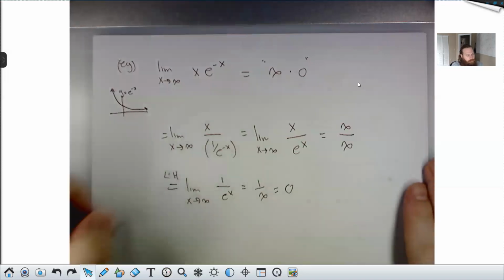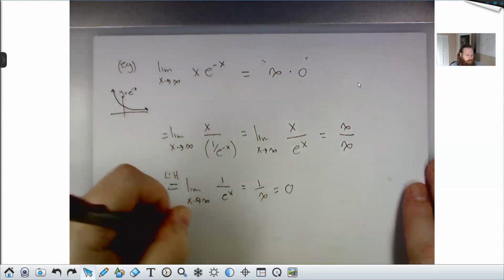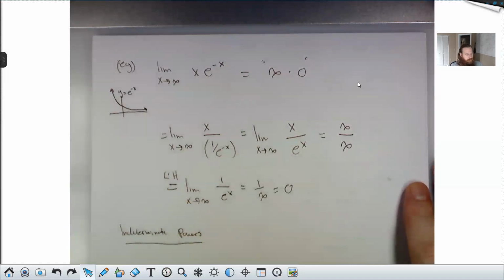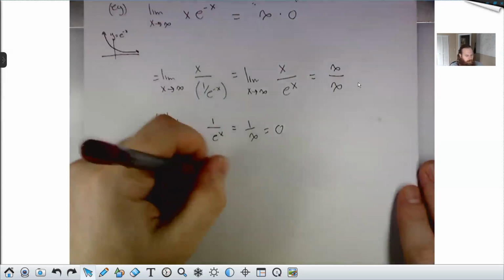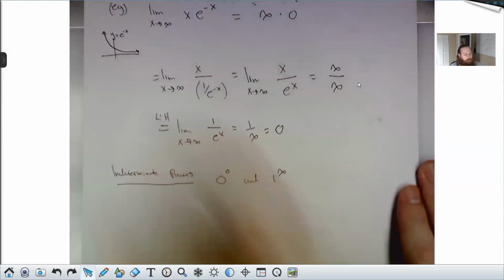But indeterminate powers, those are tricky. And there's kind of two classic examples here. You've got 0 to the 0 and like 1 to the infinity.